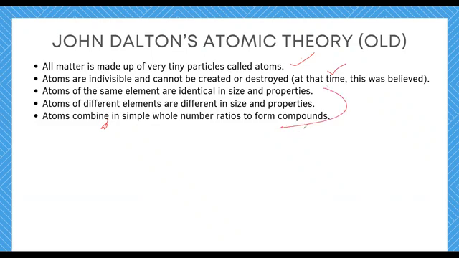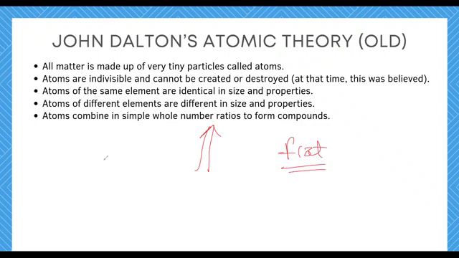Now, that theory, at a point in time, as research advanced and as more discoveries were made, it was discovered that some of the things that were said and that are written on the screen right now were not totally correct. For example, let me refresh your memory a bit. Did you know that there was a point in time on Earth when scientists once believed that the world was flat? Yes.